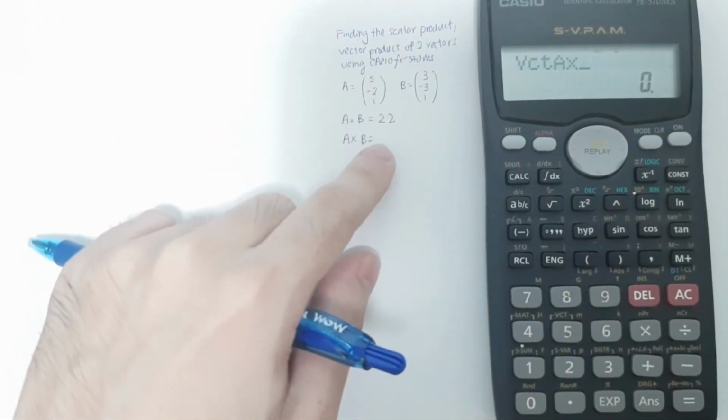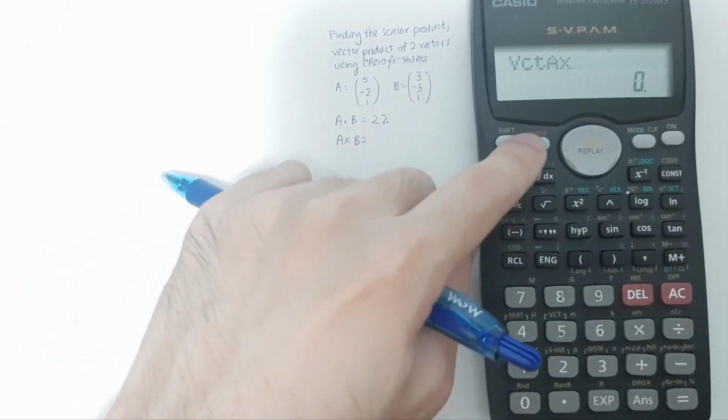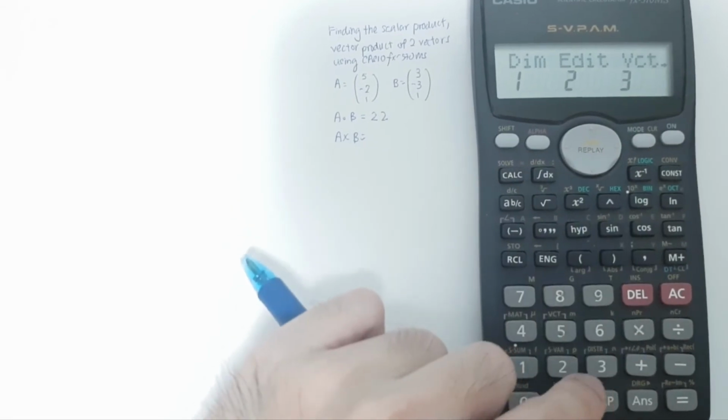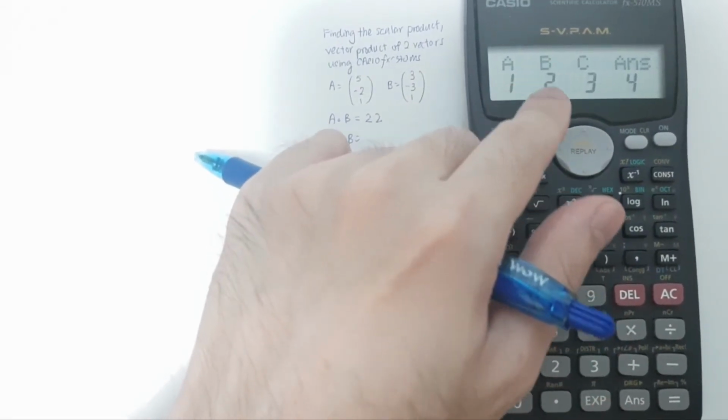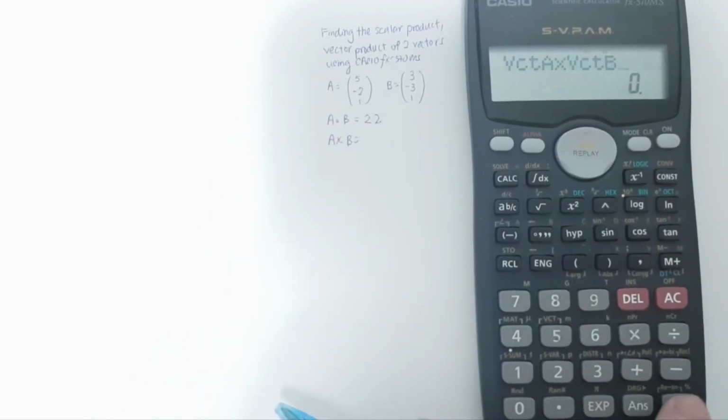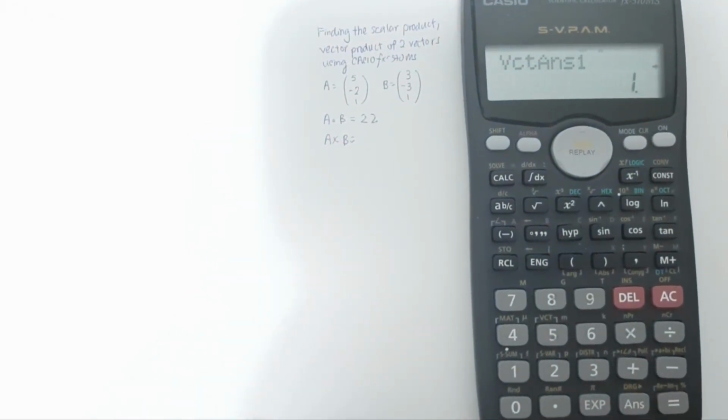And then last but not least, we include vector B by pressing Shift, 5, 3, and then 2 to indicate that it is vector B, and then we press equals.